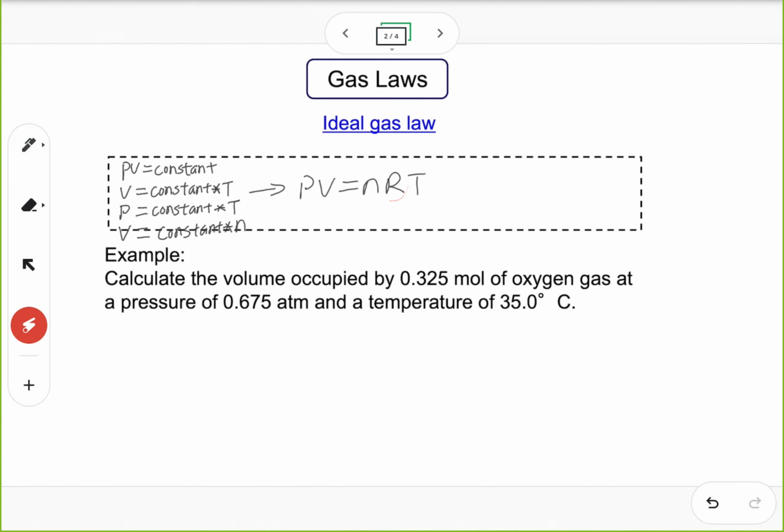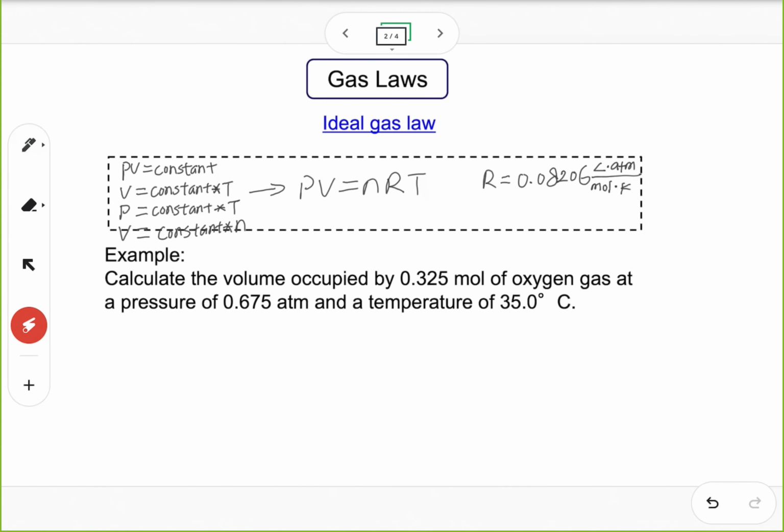R is a constant. R equals 0.08206 liter times atm over mole times K. This unit tells us what unit we should use for P, V, T, and N. P is a pressure, we should use atm, atmospheric pressure.